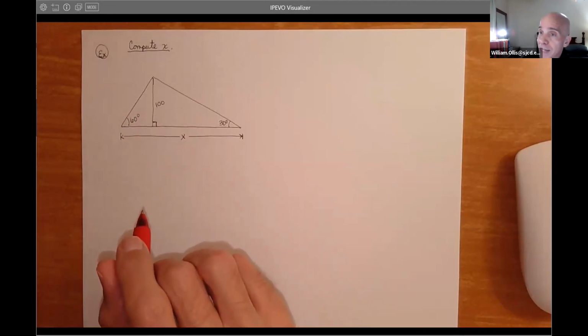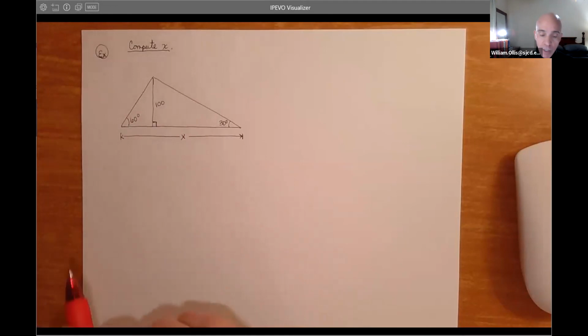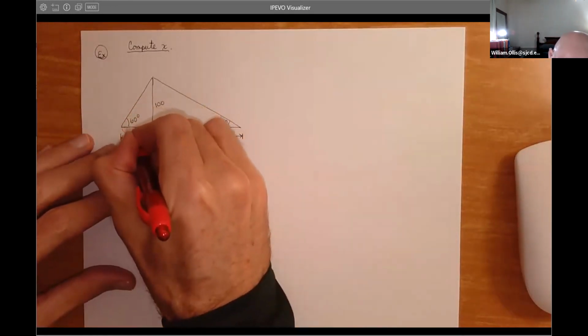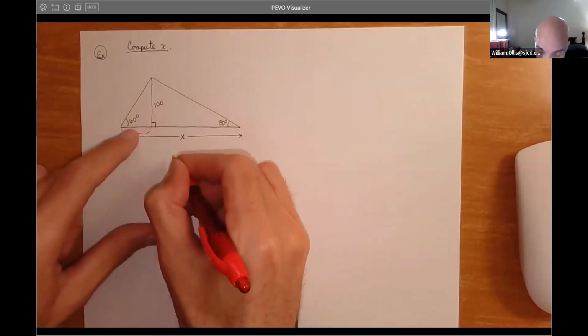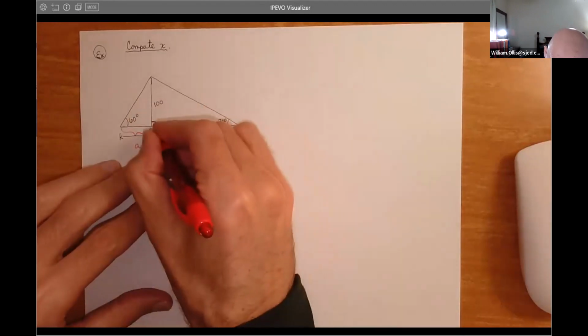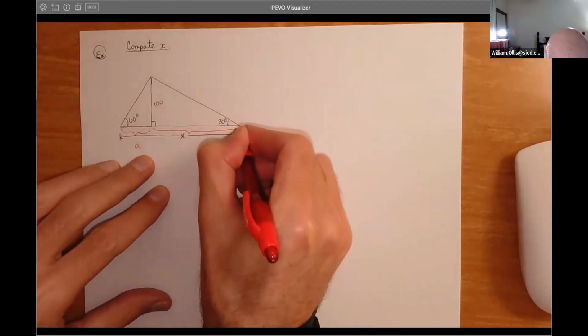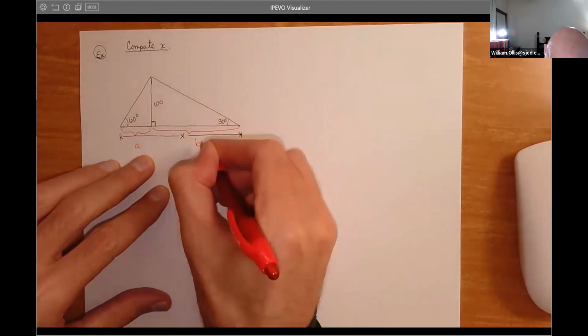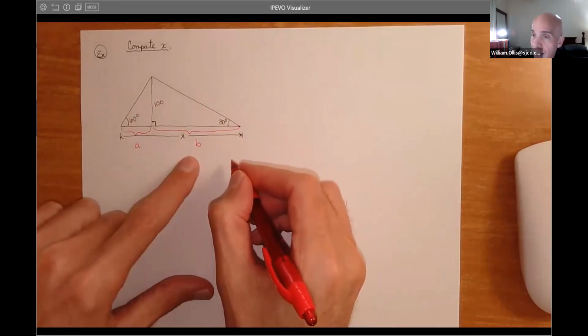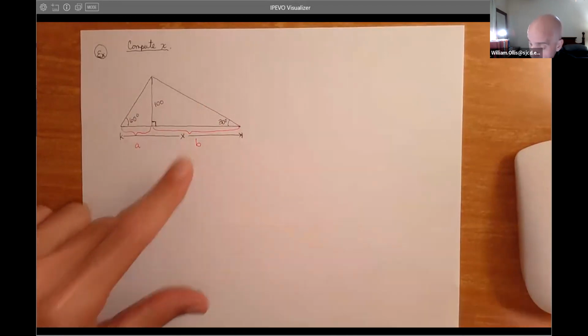And the new labels basically say, okay, I'm going to call this particular distance this letter and this distance this letter, like we've done before, but you have complete flexibility. So just to make the problem simpler, I'm going to denote this distance here on this right triangle as A, and I'm going to denote this distance here as B. So now we see that X is A plus B. So if we can determine A and B, then we'll be done.